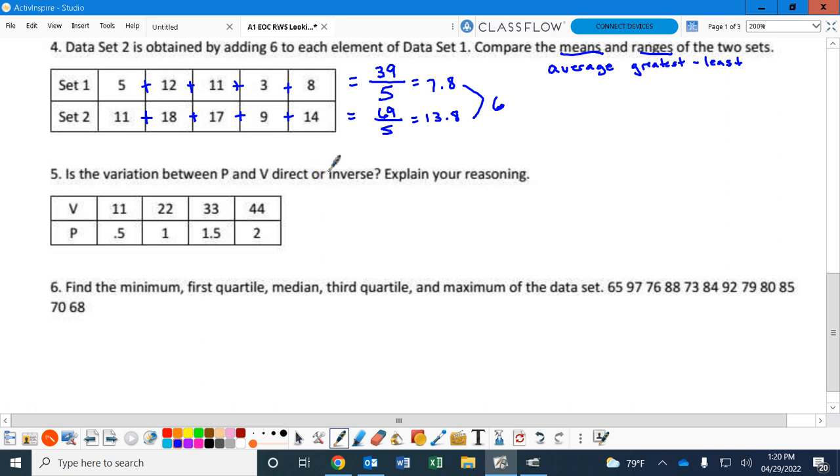They added 6. So the means are 6 apart, just like the data. The means are 6 apart, just like the data.